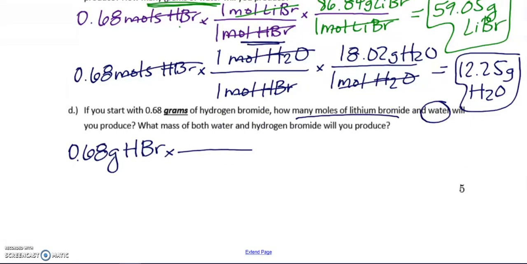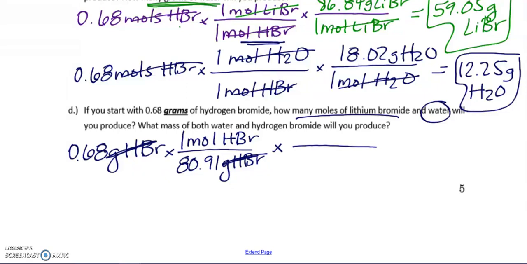So for every 1 mole of hydrogen bromide, bromine 79.9, hydrogen's 1.01, so this is 80.91 grams. So now that your grams of hydrogen bromide cancel, you are finally in terms of hydrogen bromide moles, so you can use your molar ratio from your balanced chemical equation to solve for the rest of the problem.